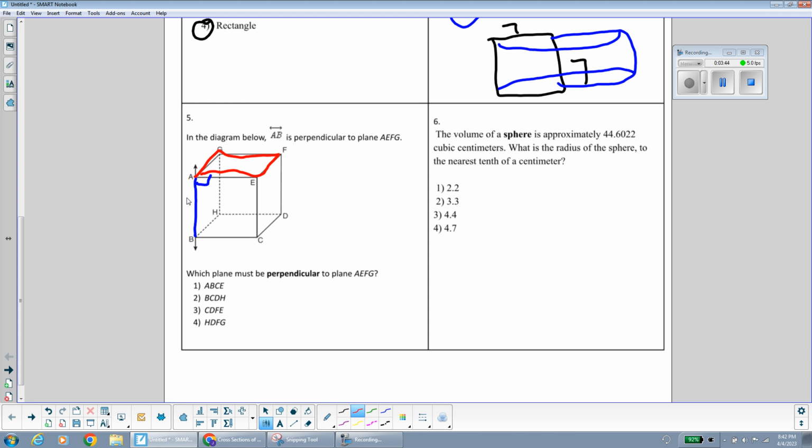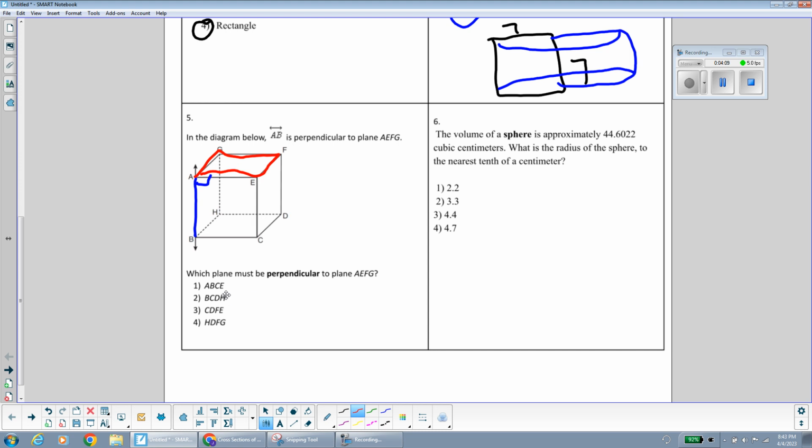Well, if this line is perpendicular to this plane, then any plane that has this line in it is also going to be for sure perpendicular to this plane because this line is perpendicular to this plane. So once again, if the line is perpendicular to the plane, then any plane containing this line is also going to be perpendicular to this plane.